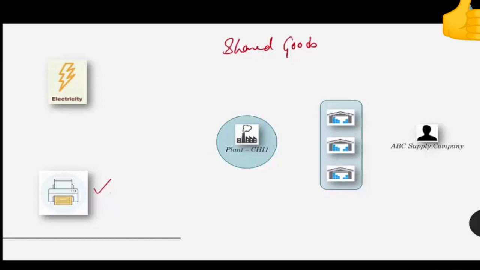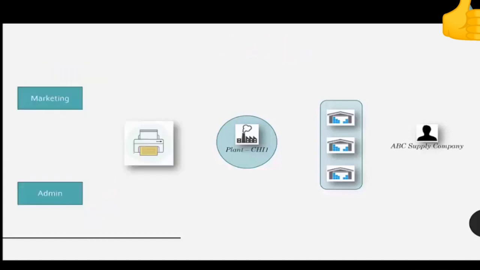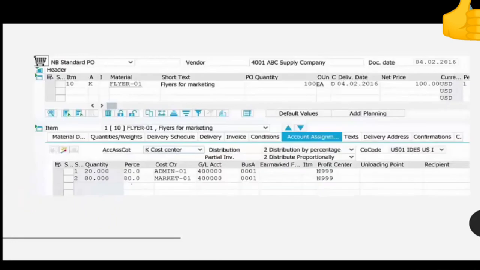And when you order them in bulk, say 100 packs of paper, how do you distribute the costs? The HR department, let's say, uses more and marketing departments use less, say 80-20, right? So there should be an easy way to distribute the costs. So the marketing department needs 80% and admin department needs 20%.